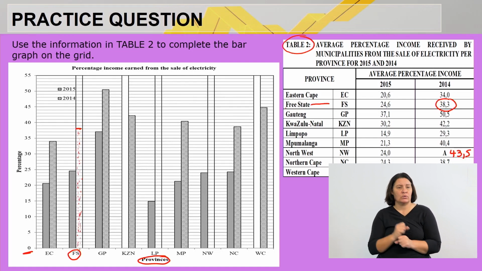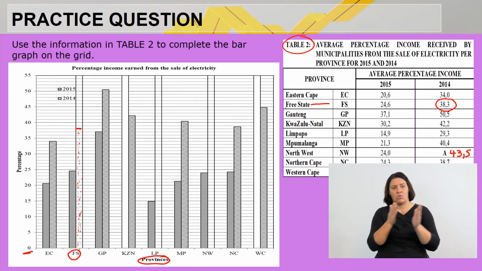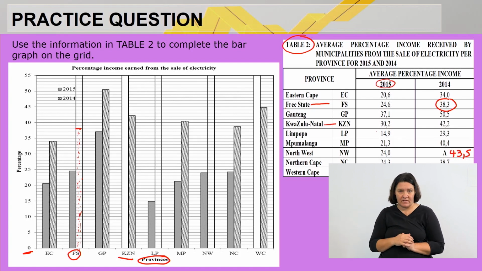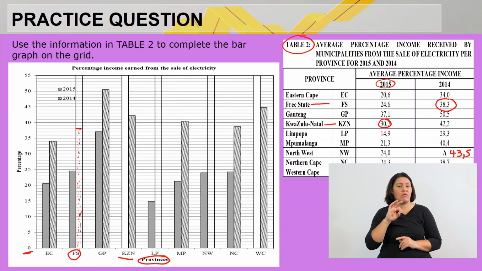So guys, when we look at the Gauteng province, we'll see that the graph is already completed. So I will now be moving on to KZN. For KZN, we have to complete for the year 2015. Now let's go to KZN. Here we have KZN. For the year 2015, the average percentage income is 30,2%. So let's go to our graph.